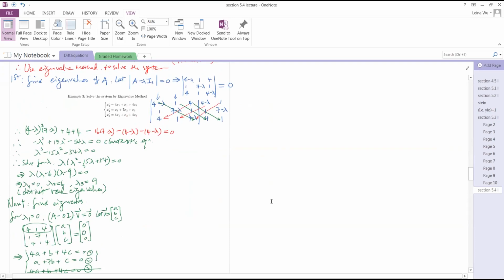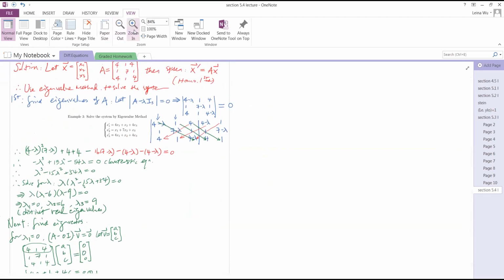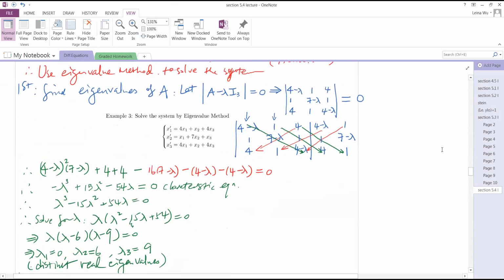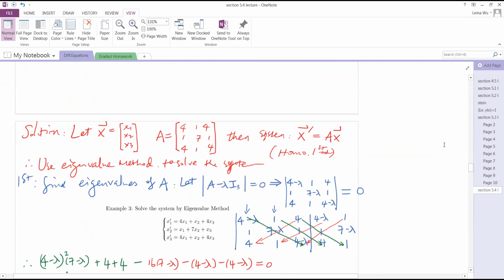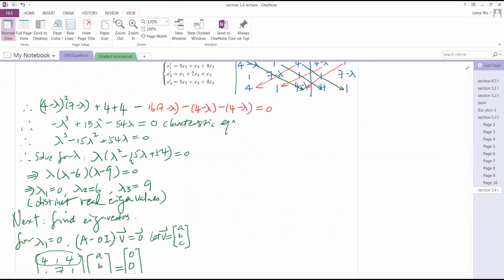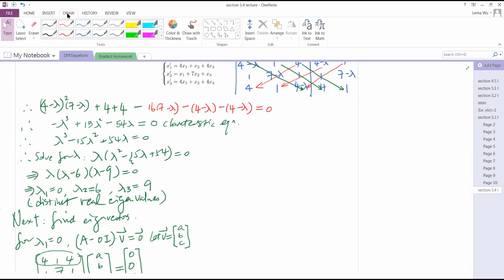Okay, I'm going to go ahead and work for the eigenvector when lambda equals 6. What did you guys get for lambda equals 6? The eigenvector. Anybody?